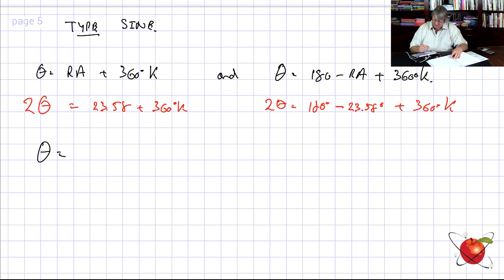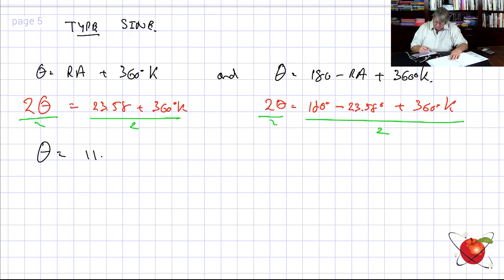So theta is therefore going to be, and you divide through by 2, correct? Let me just put it in green here. Divide, but I must divide everything by 2. Do you see that? And I divide by 2, and I must divide everything by 2. Guys, big error point there.